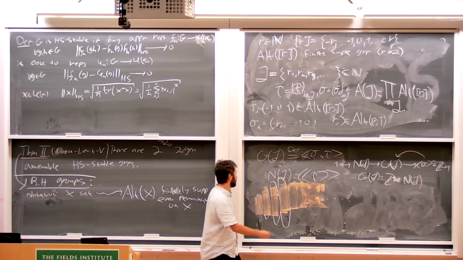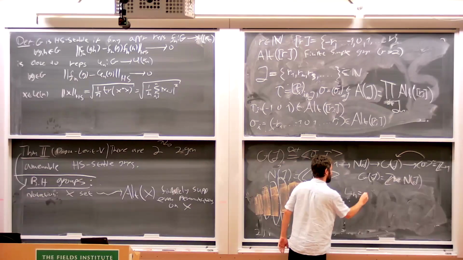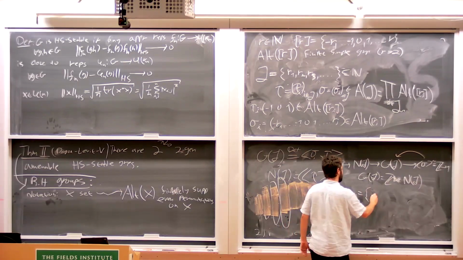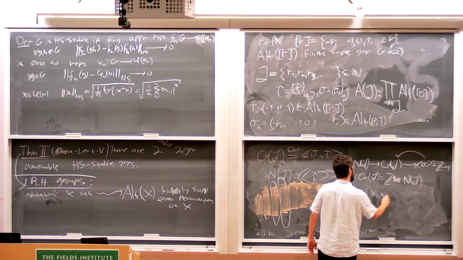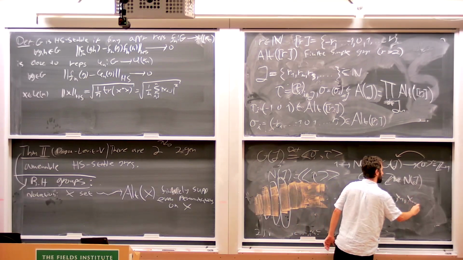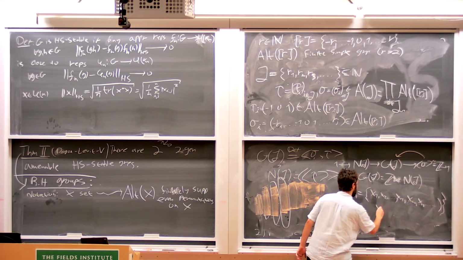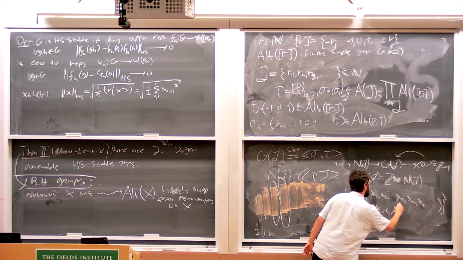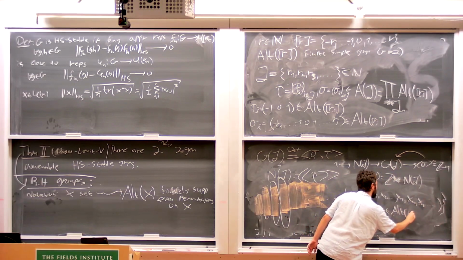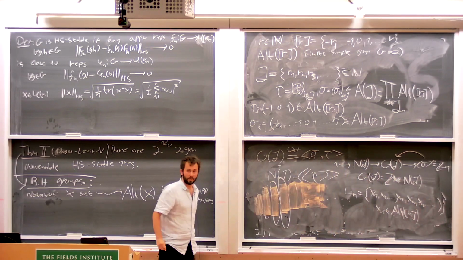This group I denote by L_n. So L_n is the set of elements x1, x2, up to xn, and then I just repeat xn, xn all the way, where x_i is in Alt(R_i). Okay?